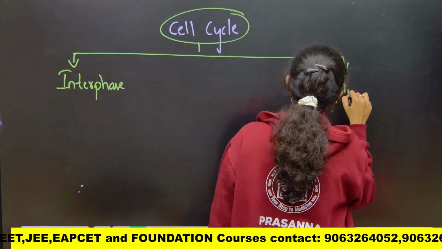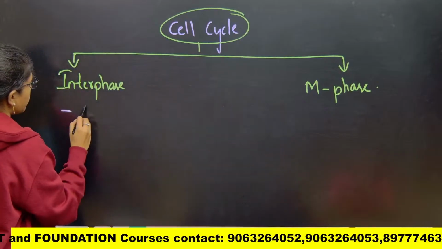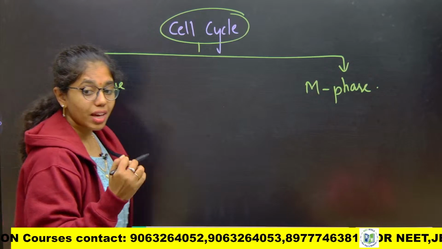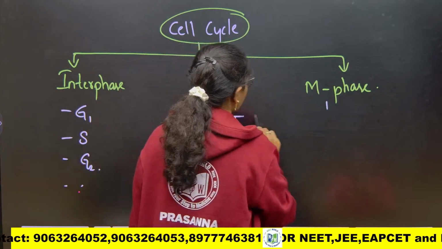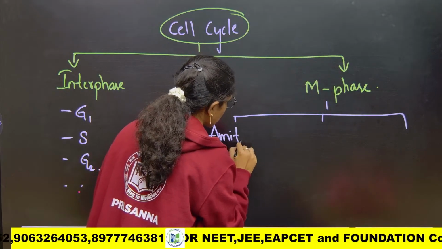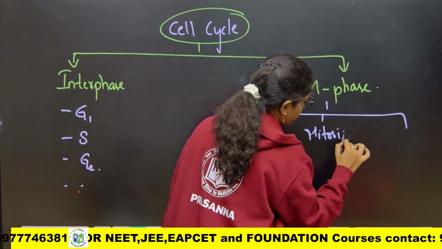Interphase has three subphases. What are they? Very good. G1, S and G2 phase. M phase is also of three types. What are they? Amitosis, mitosis and meiosis.